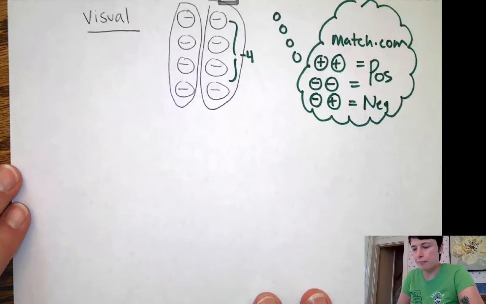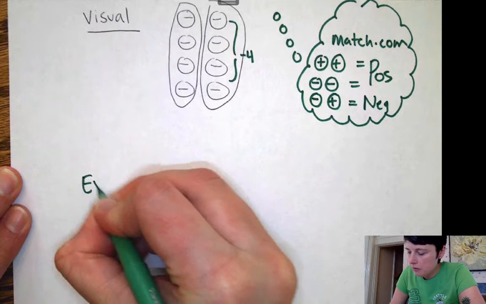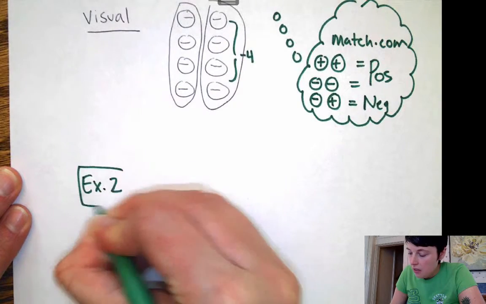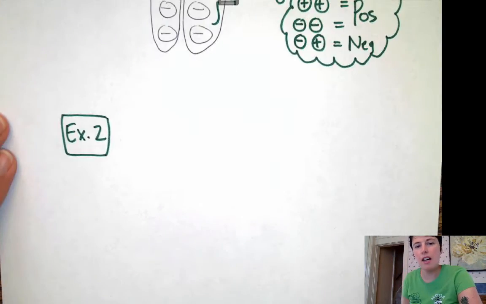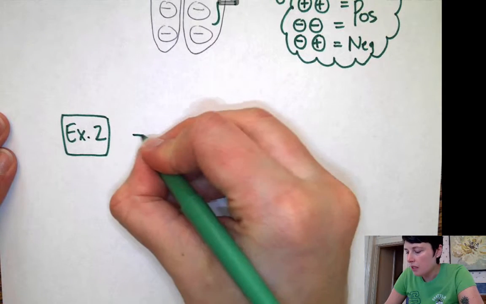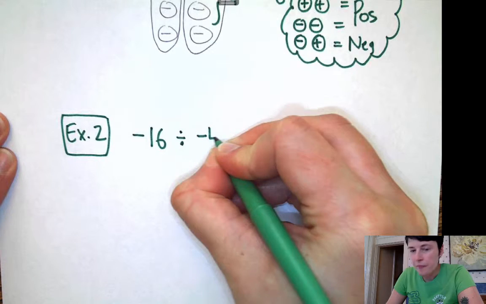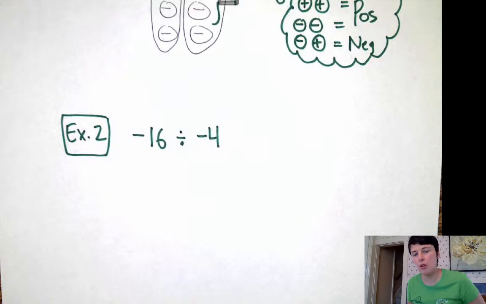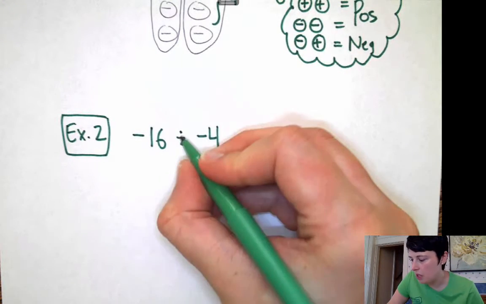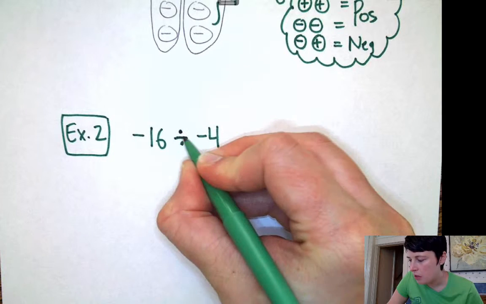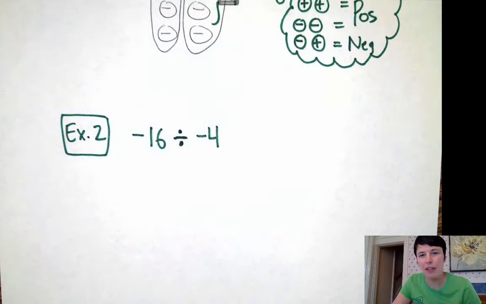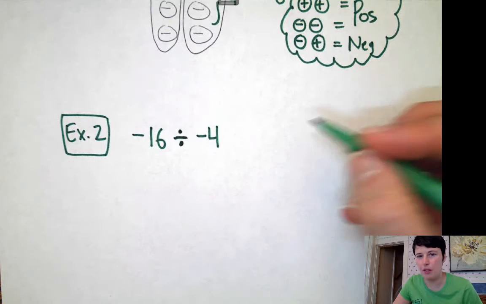So let's try another problem. Example 2. For the next example, we're going to do -16 divided by -4. I don't mind writing the question using this division symbol, but the truth is when you get up to high school algebra, we don't really use that division symbol anymore.